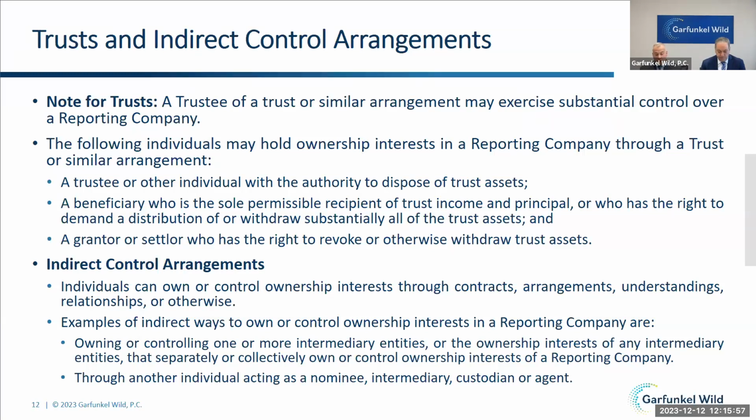The following individuals may hold ownership interest in a reporting company through a trust or similar arrangement: a trustee or other individual with the authority to dispose of trust assets; a beneficiary who's the sole permissible recipient of trust income and principal, or who has the right to demand a distribution of or withdraw substantially all of the trust corpus and assets; and a grantor or settlor who has the right to revoke or otherwise withdraw trust assets.